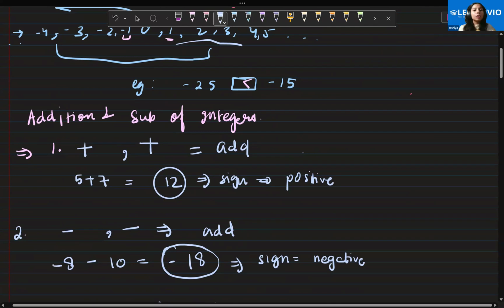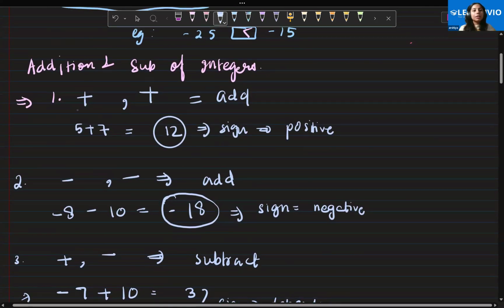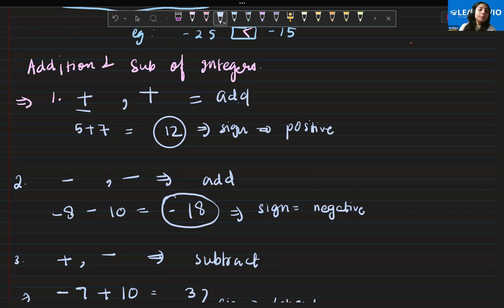So this is something that you have to learn: when both the integers are positive, you add, as I've given in the example. Here both the integers are positive, so 5 plus 7 is giving us 12, and the final sign will be positive.